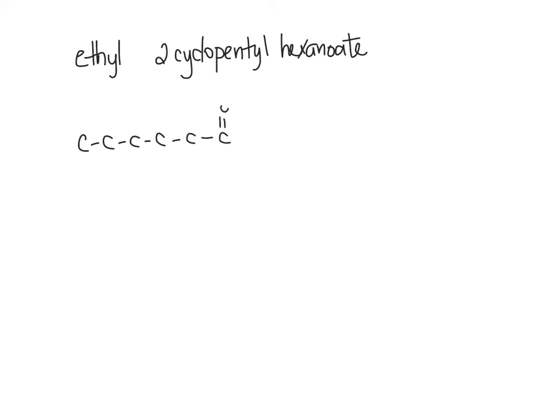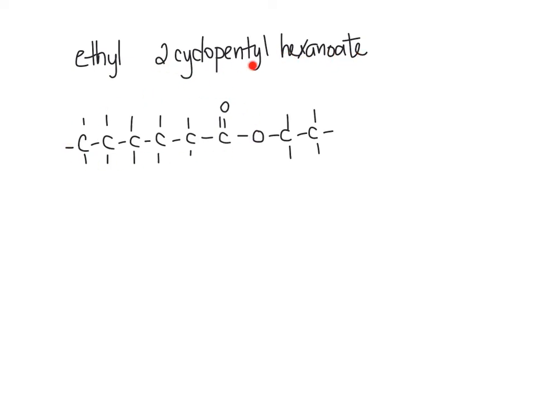Put in your double bonded O. Put in your bonds for all your other atoms. And the alcohol was your ethyl group, so you've got an O and then 2 carbons. So this portion refers to this, and this part is this.